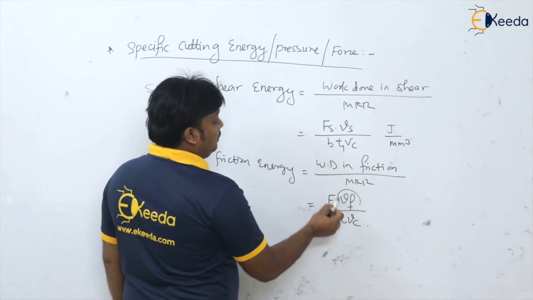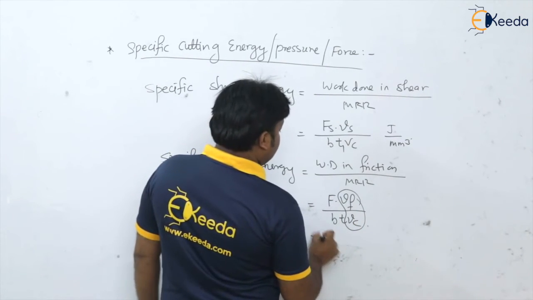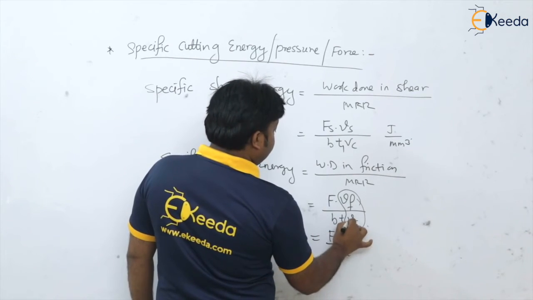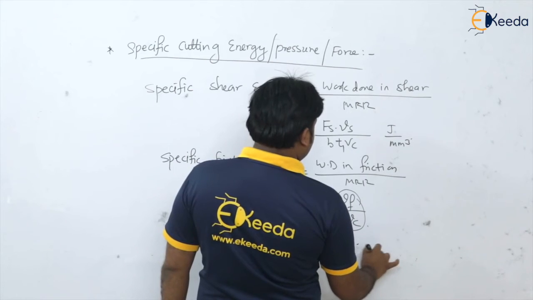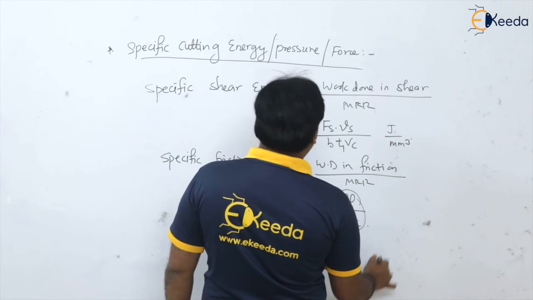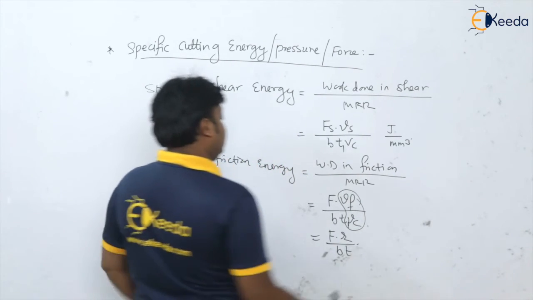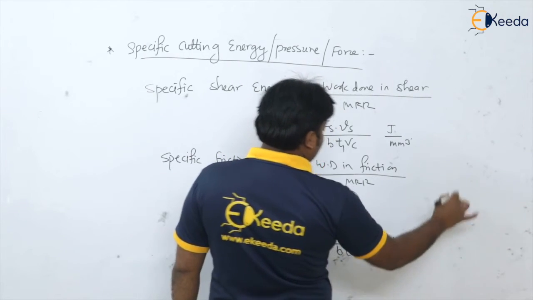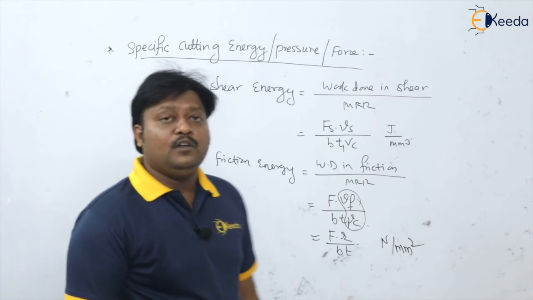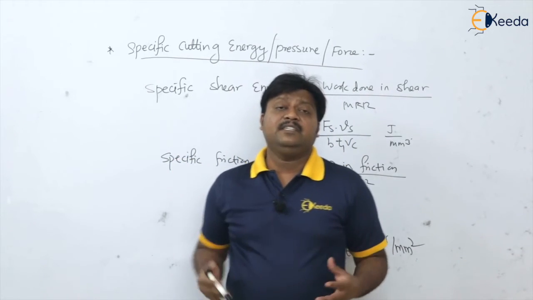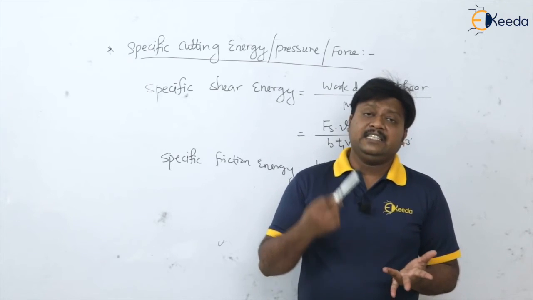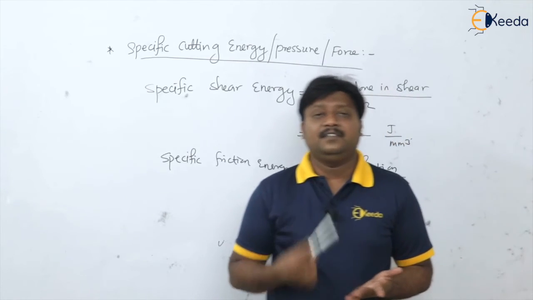Here, Vf divided by Vc is nothing but R. So F into R divided by B into T1. That is again nothing but the specific friction energy, in terms of joule per mm cube or Newton per mm square. This is how we can have the relationship between these energies: cutting energy, shear energy and frictional energy.